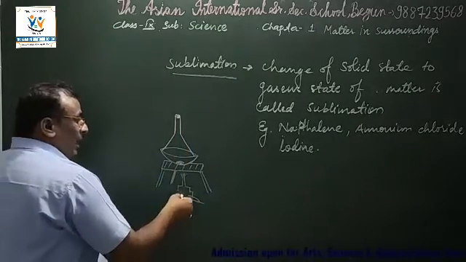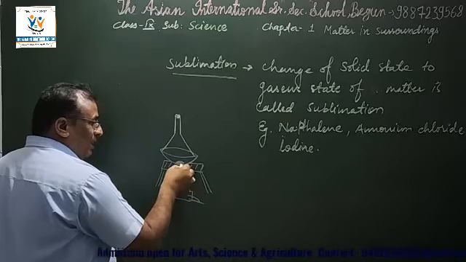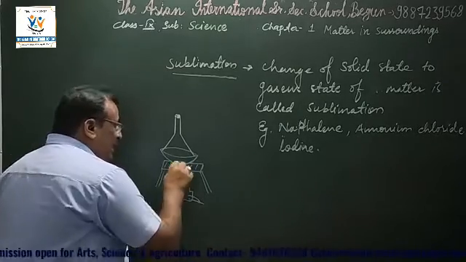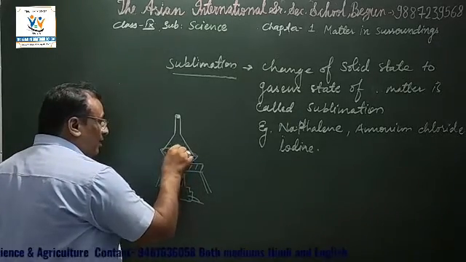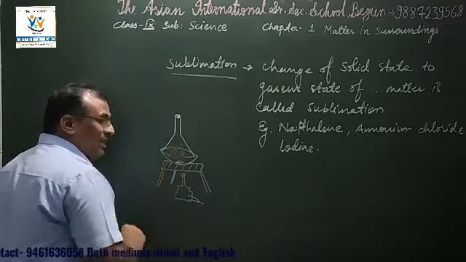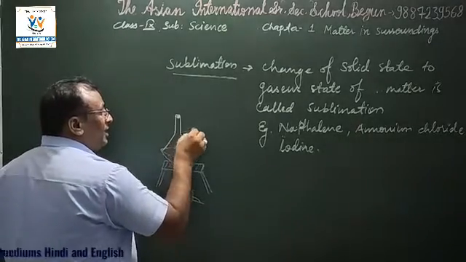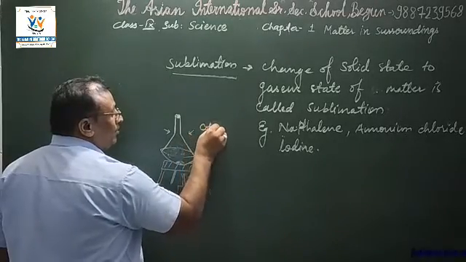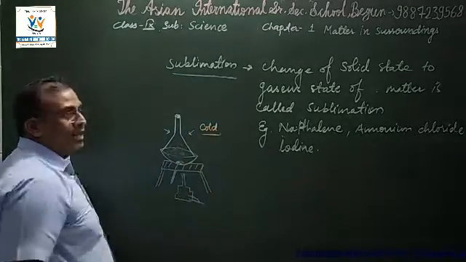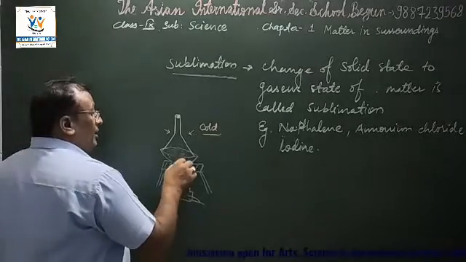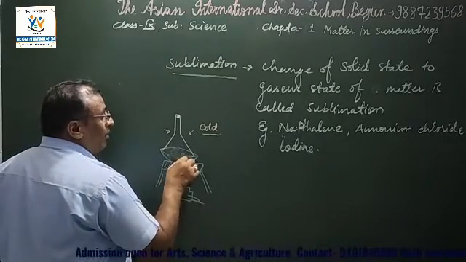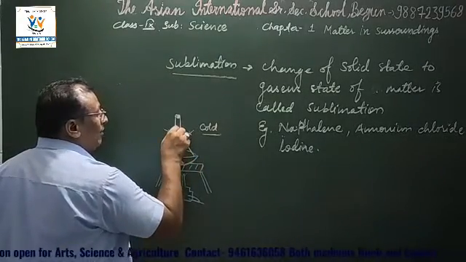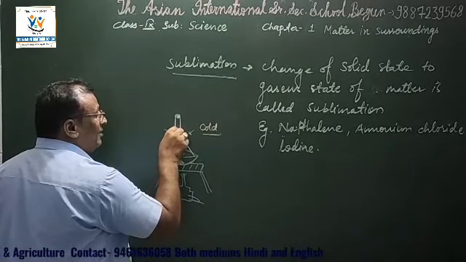When you apply heat on this material, it will change into vapor. This portion is cooled because it is connected with the environment, and the camphor or naphthalene is deposited on this surface.